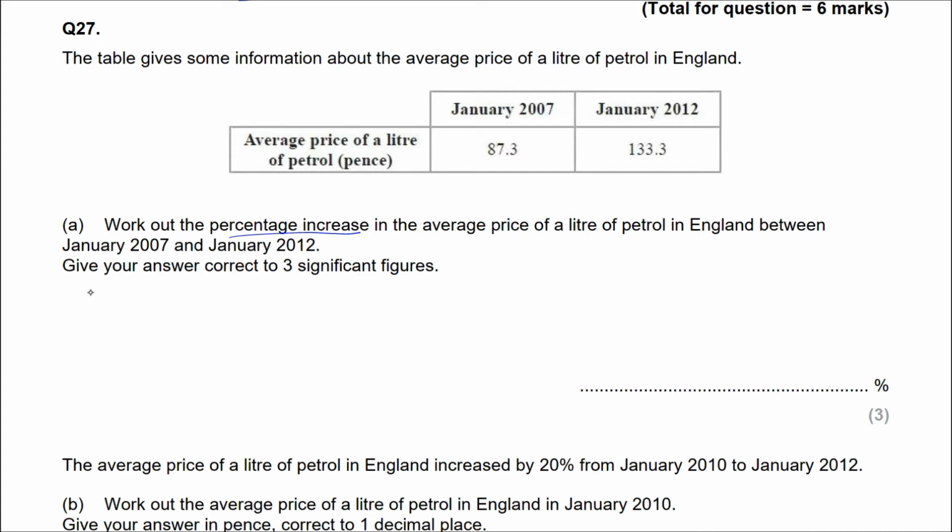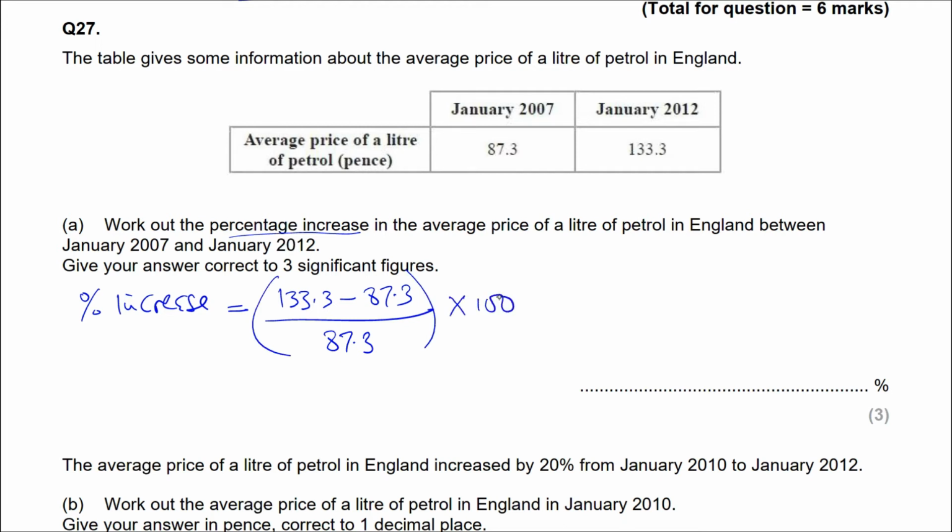So basically here again, we need to find out the percentage increase, which will be the increase over the original, which is 7.3. All this multiplied by 100. And if you plug that in your calculator, that will be 52.7%.